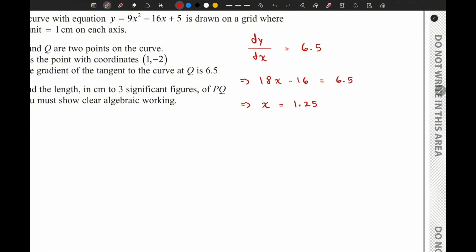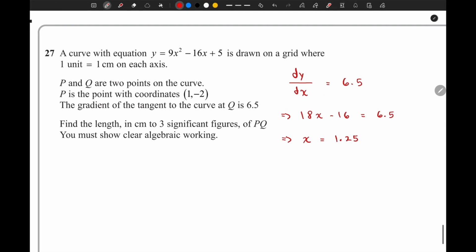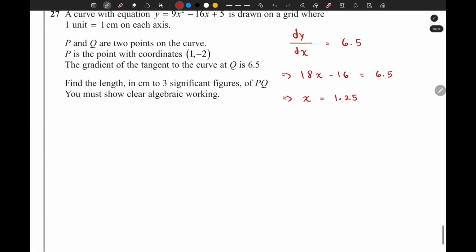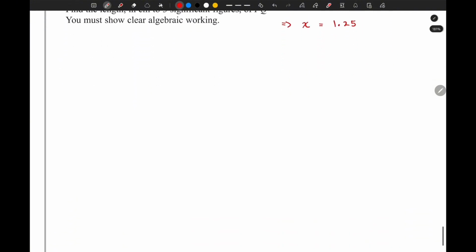Now I just need to find the y coordinate of point Q. I can just substitute this value of x into this equation to find the y coordinate. So the y coordinate is negative 0.9375.